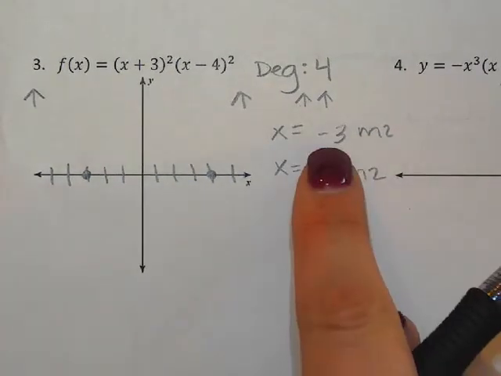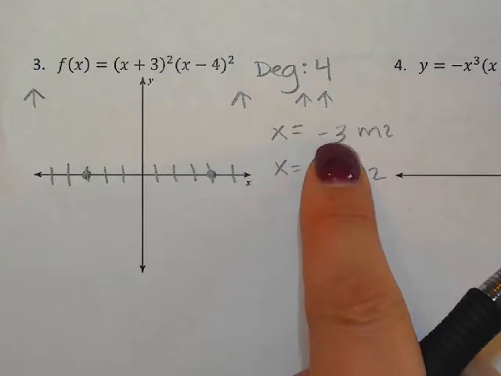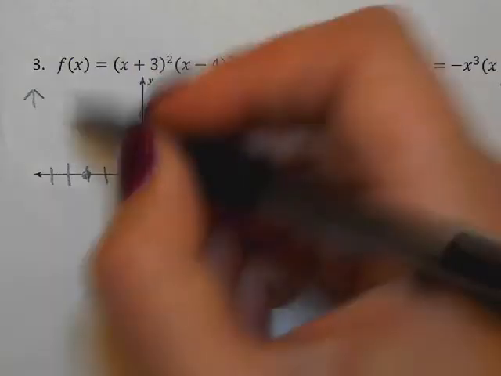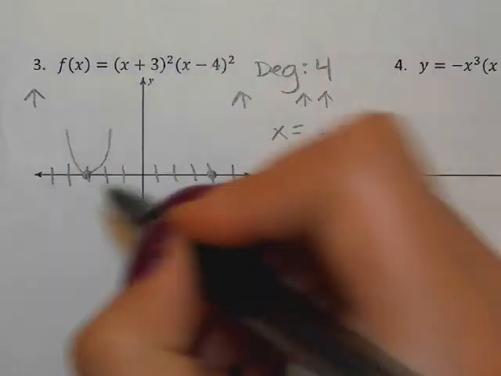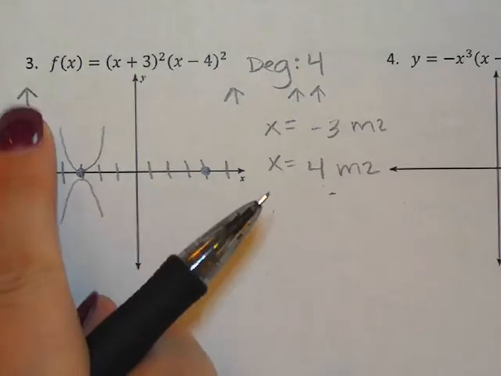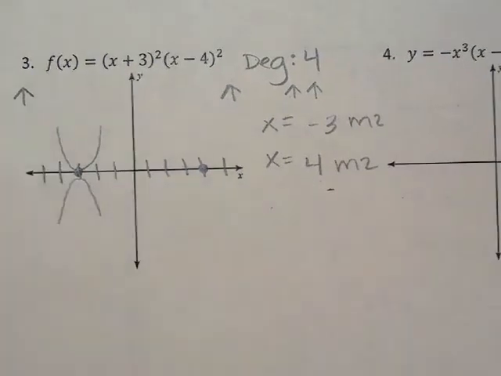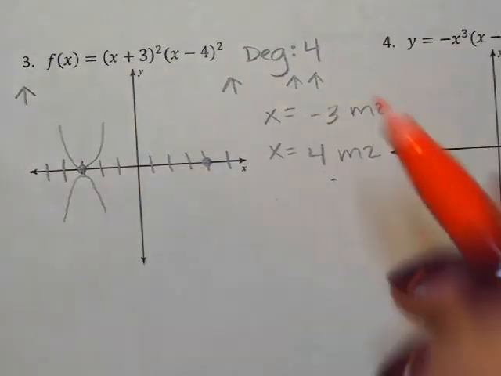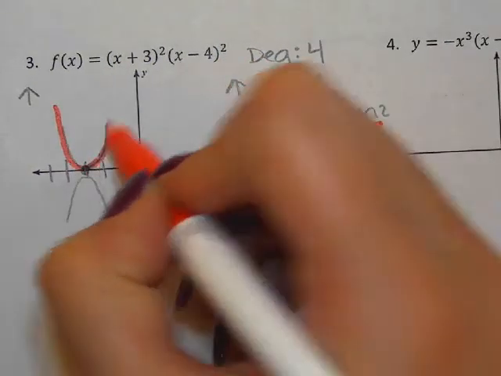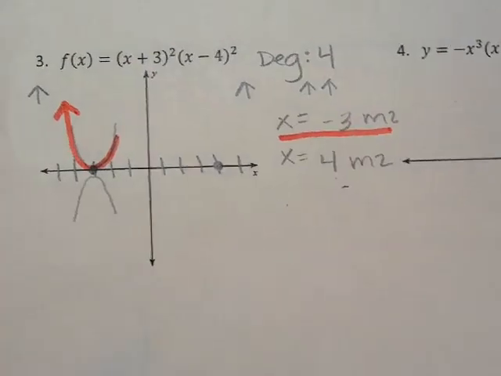So for the x-intercept of -3, we have a multiplicity of 2. Should we have a parabola above or a parabola below? Above, because it has the up arrow, right? So above is the only thing that makes sense, okay? So it's going to look like this. Okay.